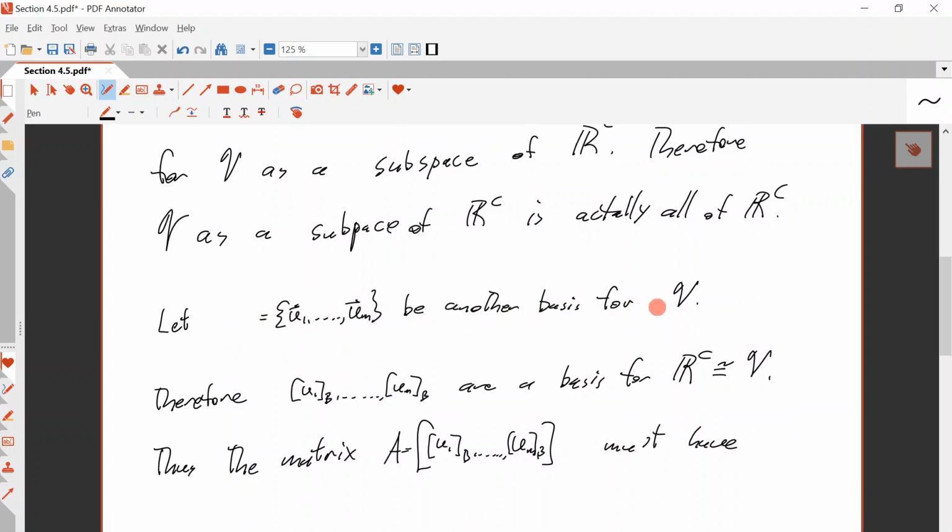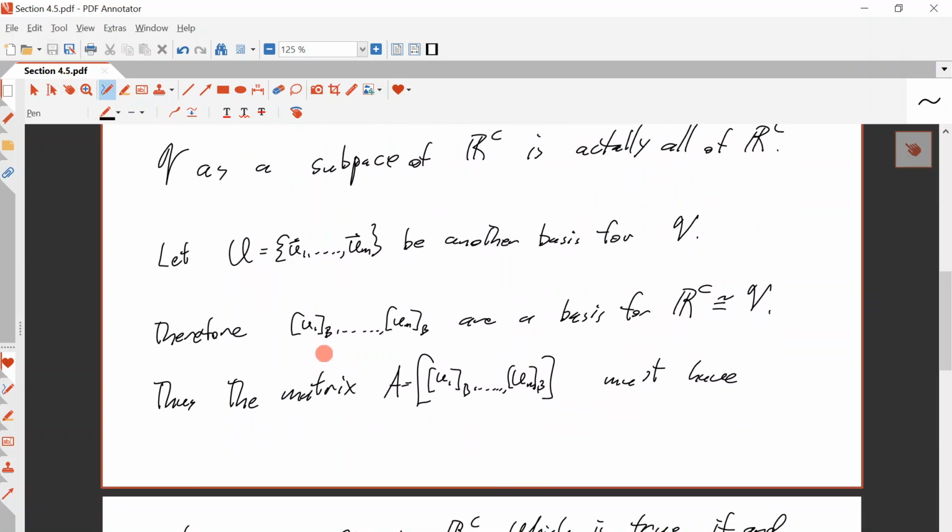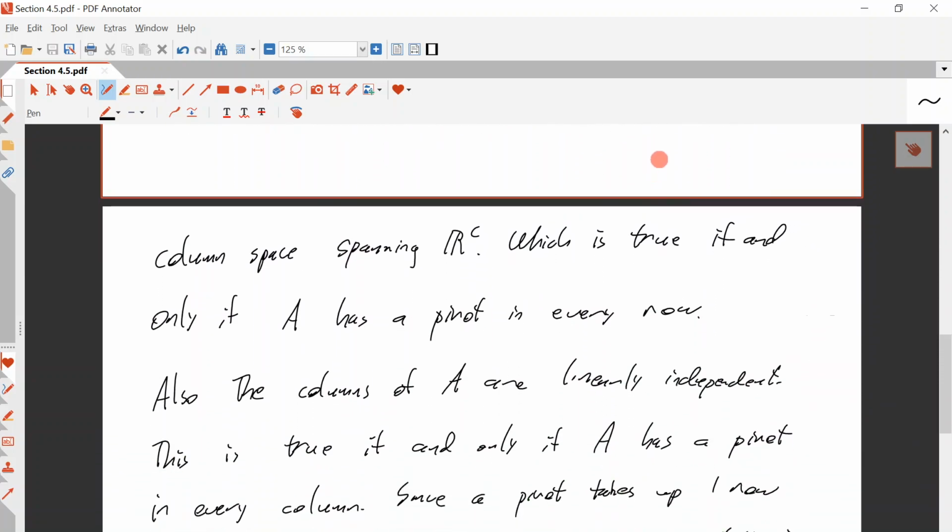Let it be another basis for V. What should we call it instead of C? Just capital U, be another basis for V. Therefore, these basis vectors, there's M of them, are also a basis for RC.